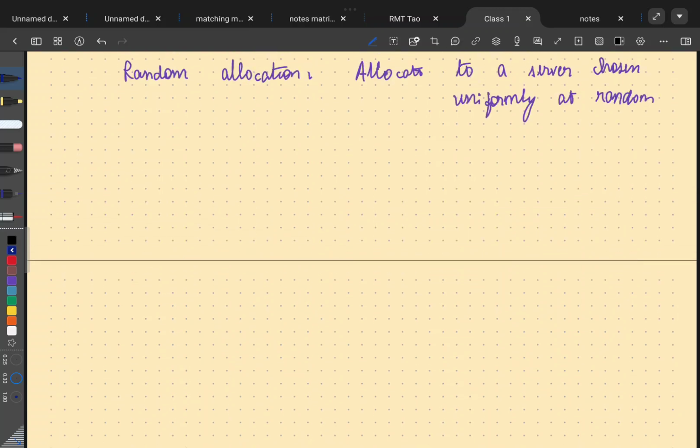So firstly, how do we model this particular problem, using what we have already seen previously? Let's set up some notation. I'll define a random variable, chi ij, that tells you which server got which job.